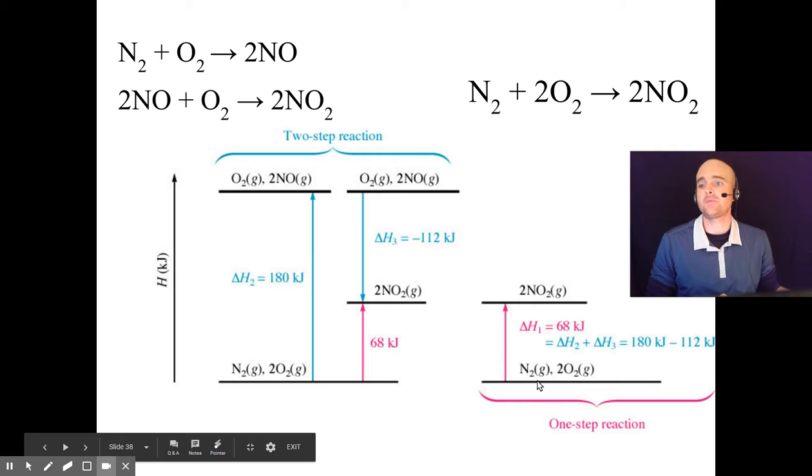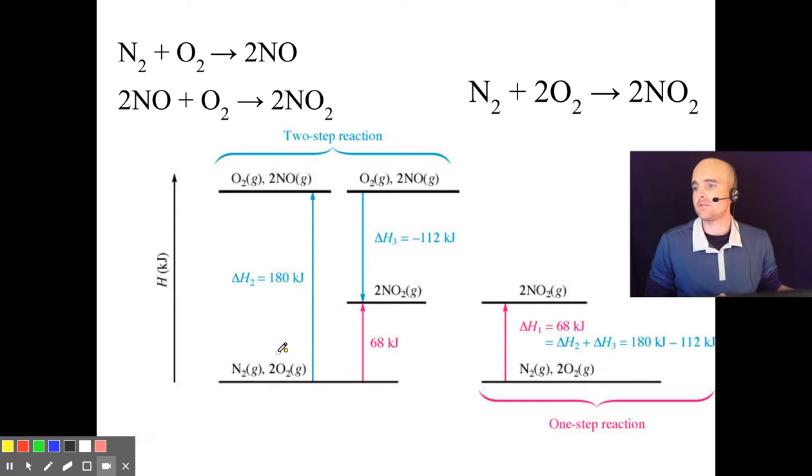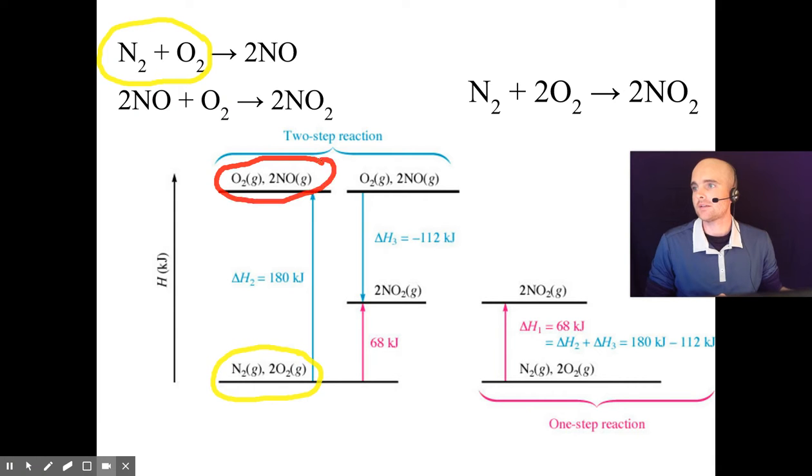This is just a one-step reaction where it goes from the reactants here, nitrogen and 2 moles of oxygen, and that makes 2 moles of NO2. Over here on the left side, we've got something a little interesting, because this is the reactants for the first equation. So I will circle those in yellow, and then I'll circle the products for the first equation here in red.